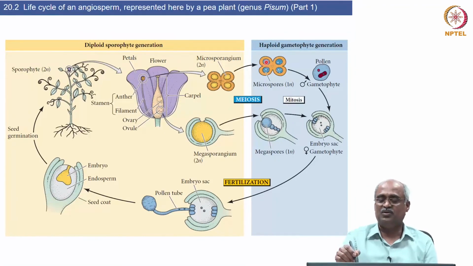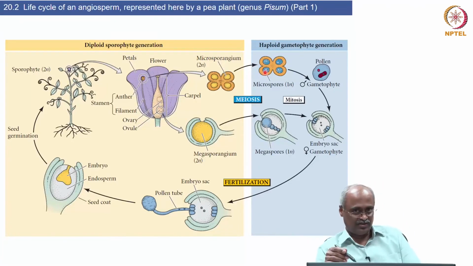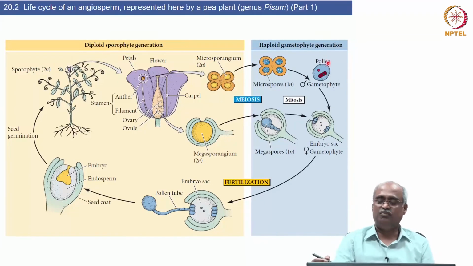The microspores are present in the microsporangium, and as I have already elaborated, they are formed by meiosis, and therefore they are 1n cells. These will undergo mitotic divisions, and we are not going to get into all the details of how a microspore gets there through mitosis, but the final structure that they form, the gamete, is called pollen.